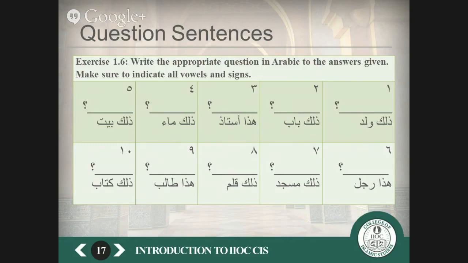Man hadha. The brothers answer? Hadha ustadhun. Right? Which means what? This is a teacher. Good. And the brothers ask number 4 to the sisters? Ma dhalika. The sisters answer? Dhalika ma'un. Very good. That's it. Do the rest at home.